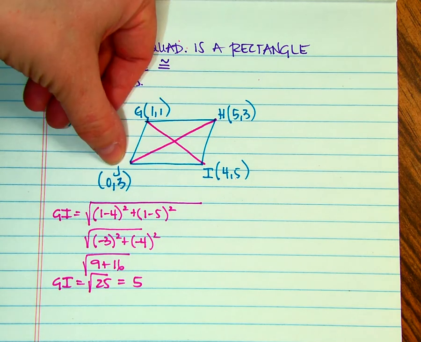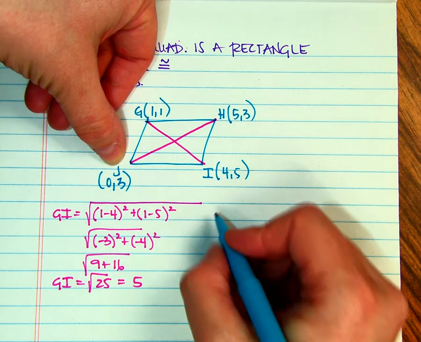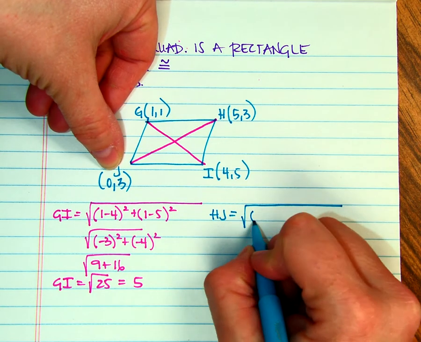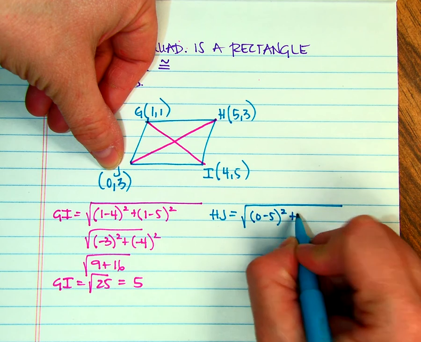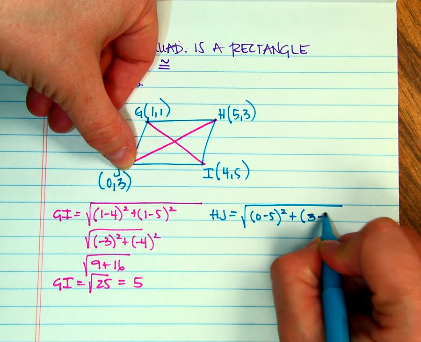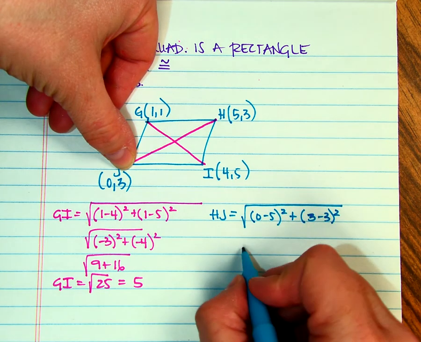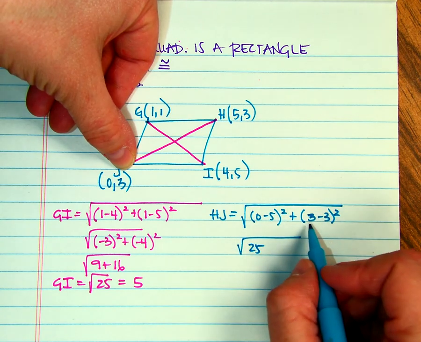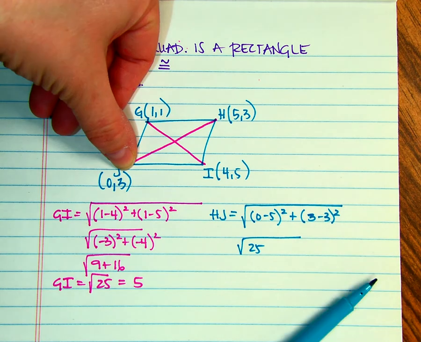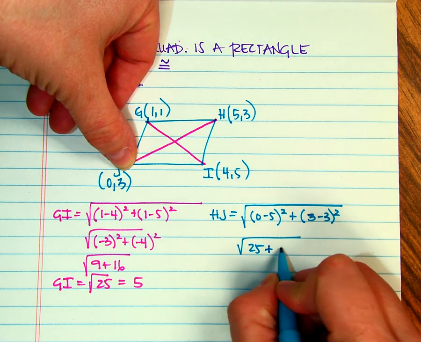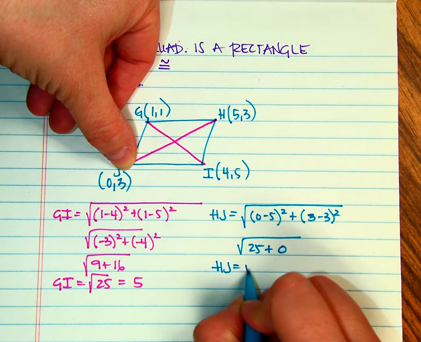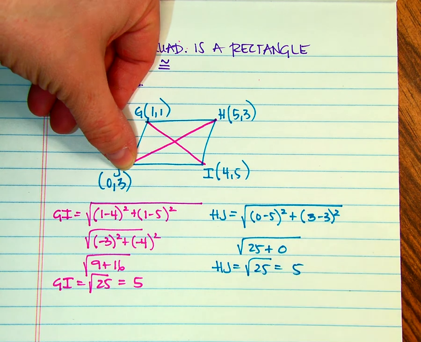Now I'd have to find the length of HJ. So HJ would have the length of 0 minus 5 squared plus 3 minus 3 squared. Negative 5 squared is 25. 3 minus 3, I'm hoping I did not copy this down wrong. Oh, nope, I didn't. 3 minus 3 is 0. 0 squared is 0, so I get HJ to equal the square root of 25, which also equals 5.